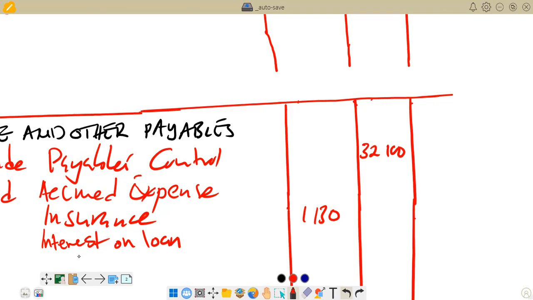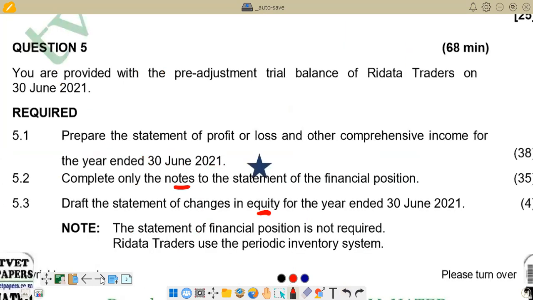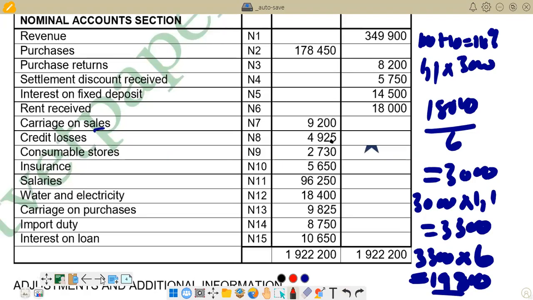Then interest on loan, we said also there is an accrual. Remember I said the amounts that we are given in the nominal account section represent actual amounts received or paid. So what we paid for interest is 10,650, but the actual amount for the period is the one that we subtracted in the statement of comprehensive income as finance costs, which is 22,950.